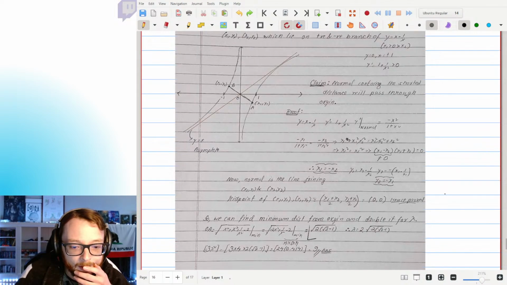Okay, and so you find that for the distance from the origin to x1, and then as proposed, you take lambda equal to twice that. What's happening down here? Why is that your answer? Why isn't this our answer?